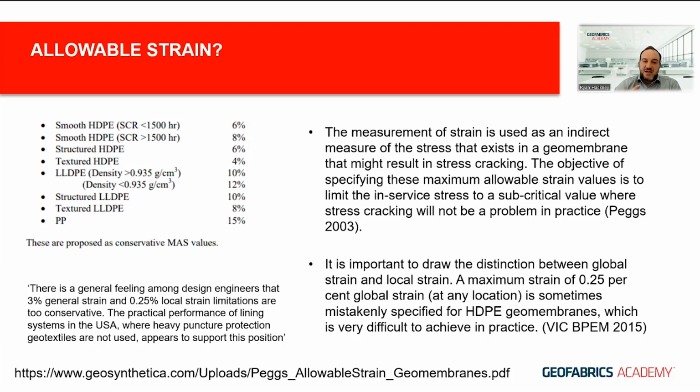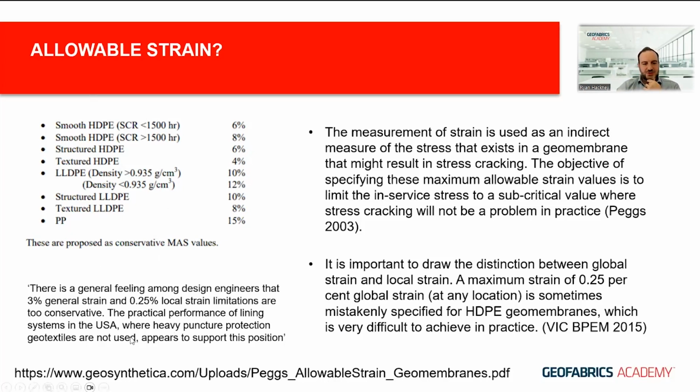So there's some relaxation there in terms of what the maximum allowable strain can be. This paper goes into a lot more detail in terms of the justification of these numbers for each one of those polymer types or profiles. I don't have time to get into the specifics of that here, but it could be a topic for another session, or feel free to contact me and we can talk about it further.